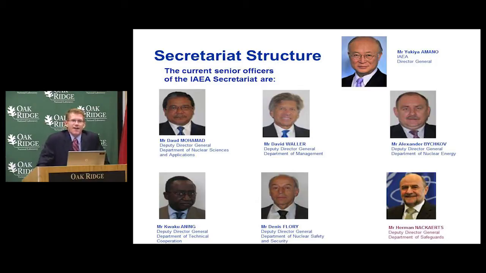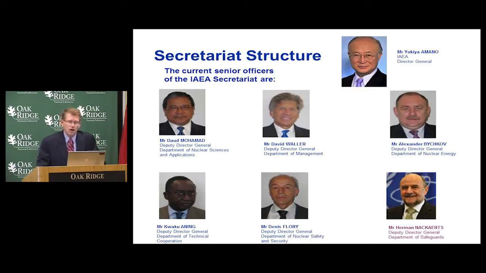The agency itself has 6 separate departments. Departments for nuclear sciences and applications, for general management, for nuclear energy, for technical cooperation, for nuclear safety and security, and then the Department of Safeguards, who we interact with the most.